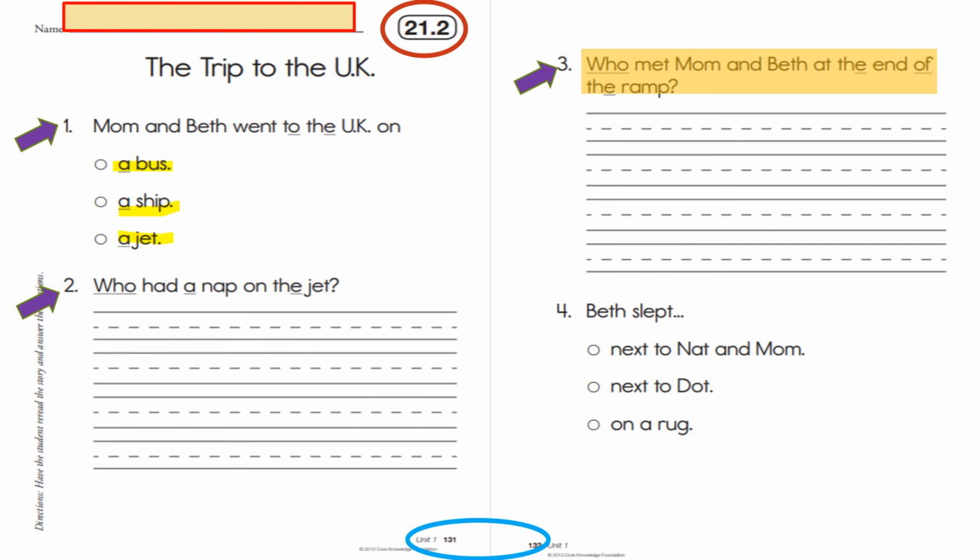Remember, sentences start with a capital letter and end with a period. Lastly, let's look at number 4. Beth slept next to Nat, Mom next to Dot, or on a rug. Where did Beth sleep? Fill in the circle next to the correct answer. You're all done.